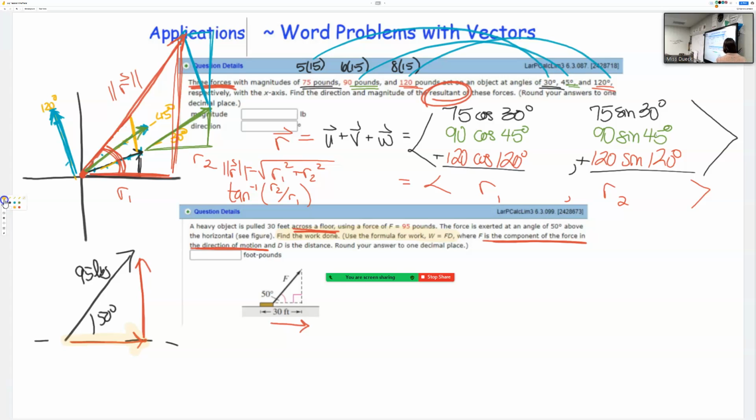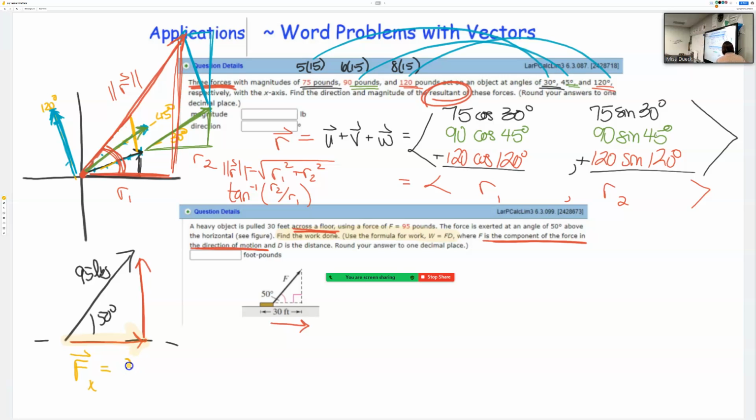Now, why did somebody just say cosine? Cosine finds the adjacent, right? Cosine finds the one at the bottom. So therefore, I am going to say, who are you in the x direction? I could be super snazzy and say the horizontal force. I could also name it A, or F1, F2 in the component form.